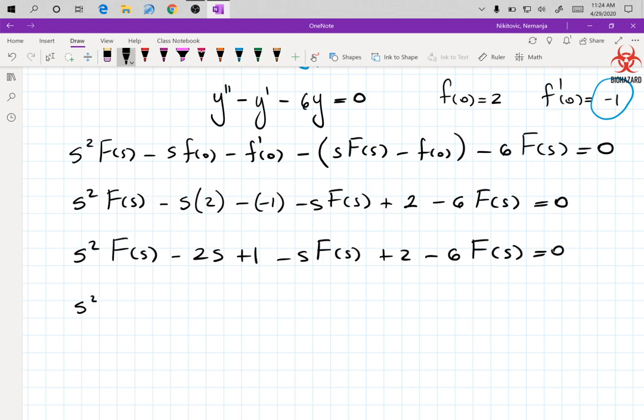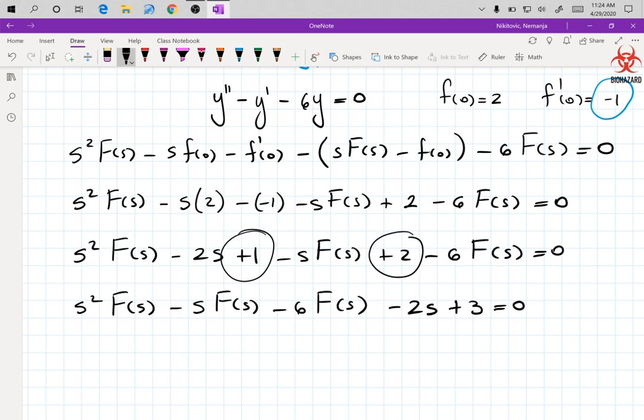We have s squared F of s minus s F of s minus 6 F of s. And then we have the rest of this, which is minus 2s, and then plus 3 equal to 0, because this 1 and this 2 create 3.